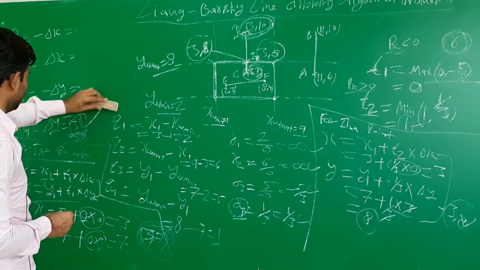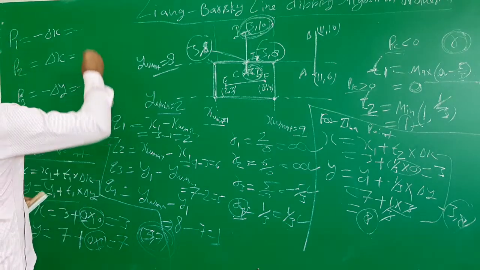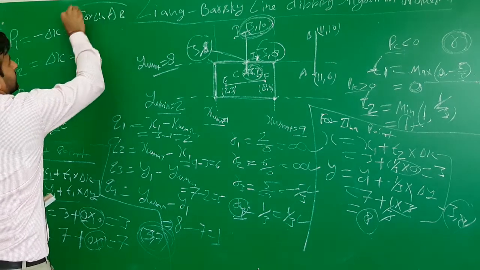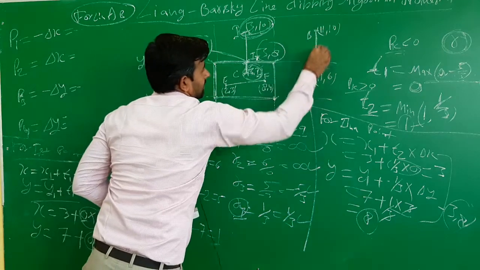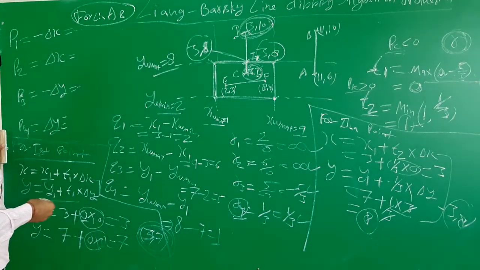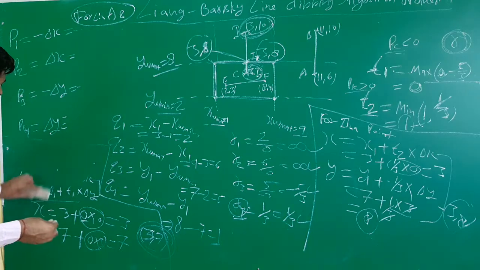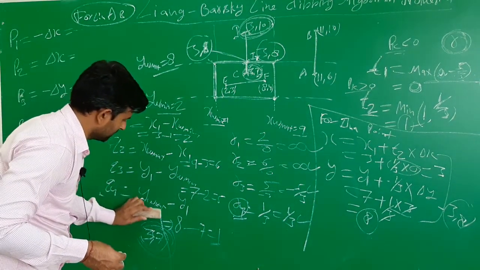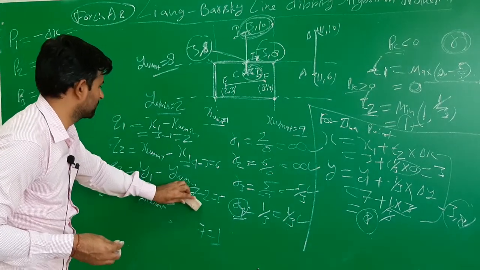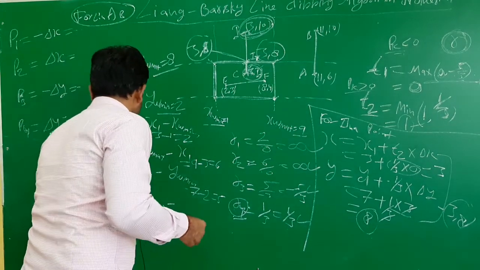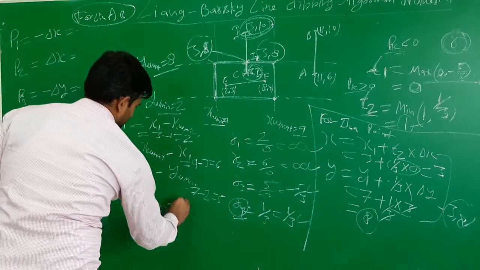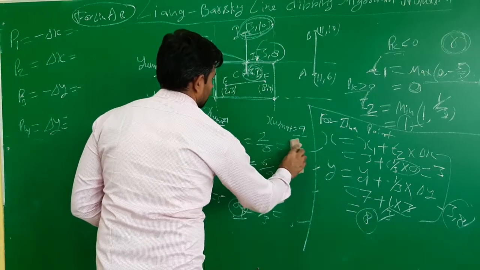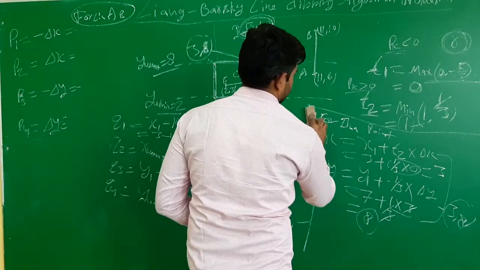For line AB, now we will check for the line AB. We will check for line A and line B. Our values we will find as same.